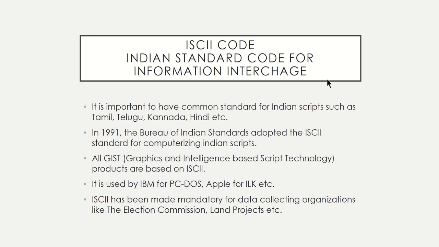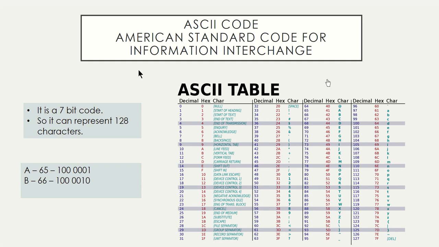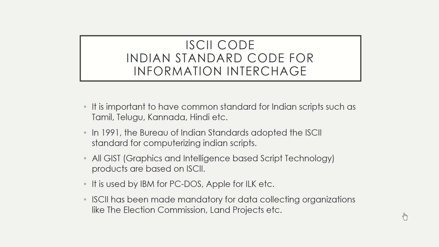If you have looked closely at the ASCII table, we have a number of spaces, special characters, and English alphabets, uppercase and lowercase letters. However, nowadays we are using computers and you are able to type information in Tamil or Hindi or whatever regional language you are familiar with.